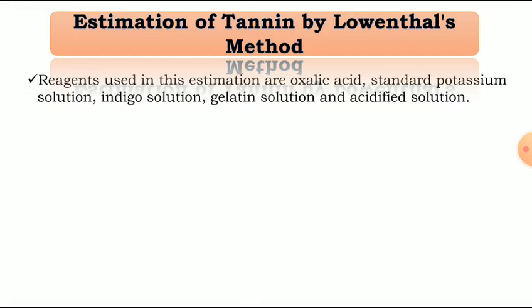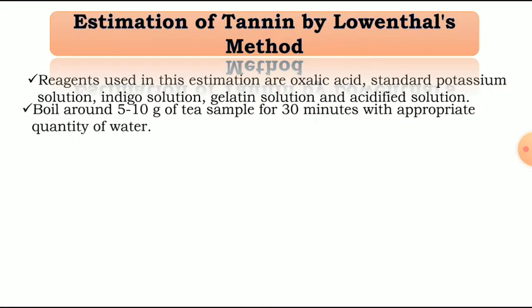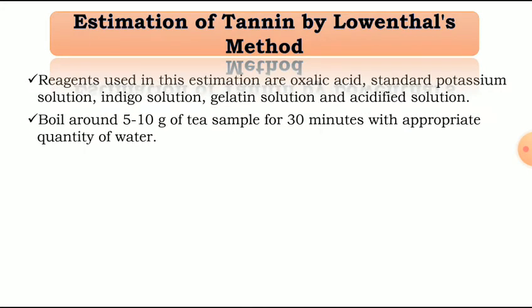These are the reagents that will be used in this Lowenthal's method. Boil around 5 to 10 gram of tea sample for 30 minutes with an appropriate quantity of water.